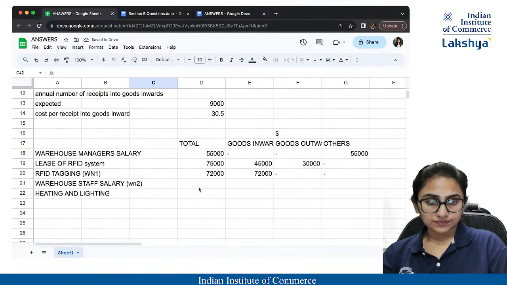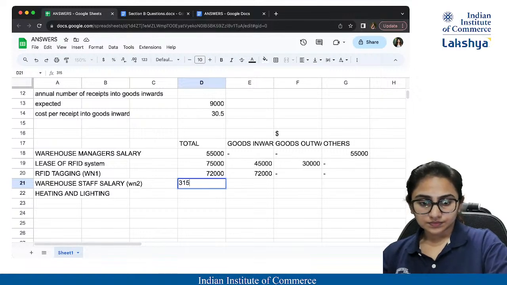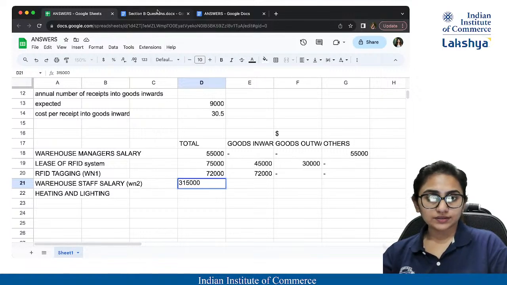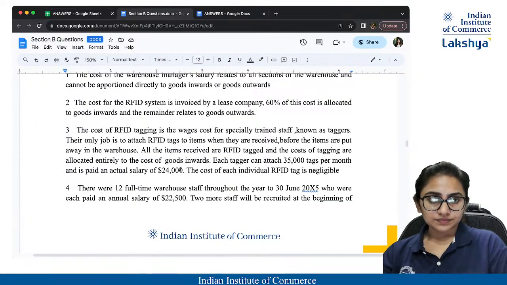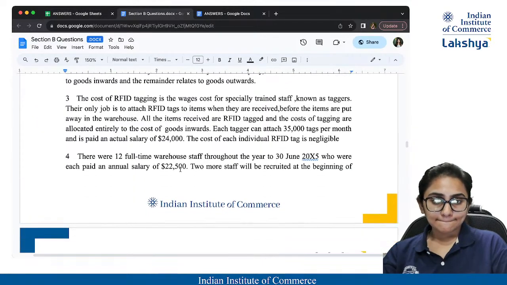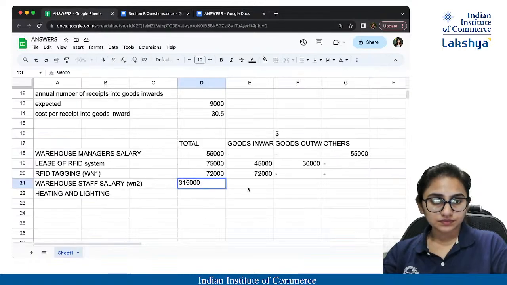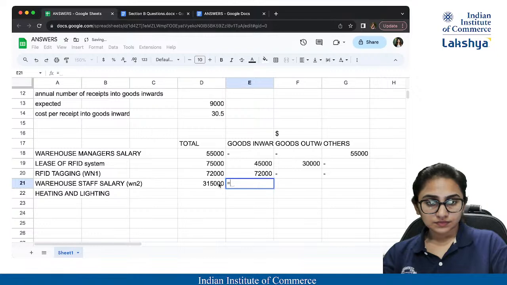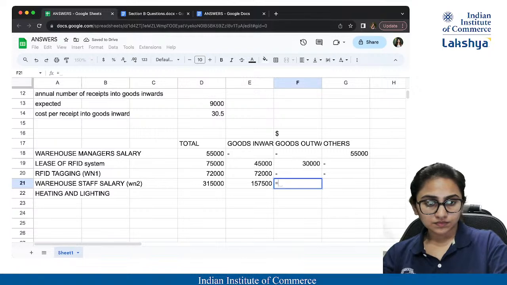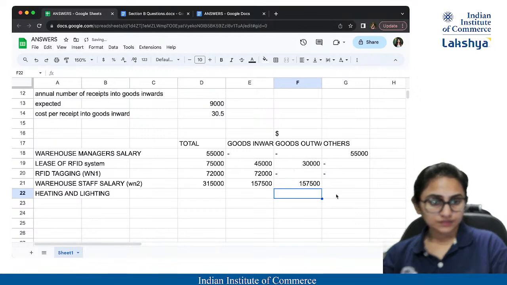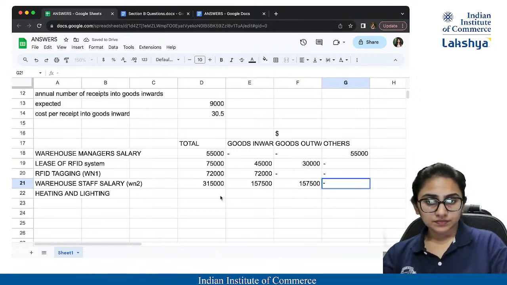So go and write it down. And how to allocate it? 50% in goods inward and 50% in goods outward. Then next is heating and lighting, working note 3.